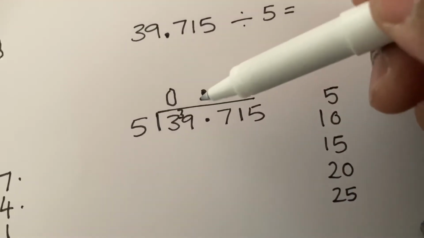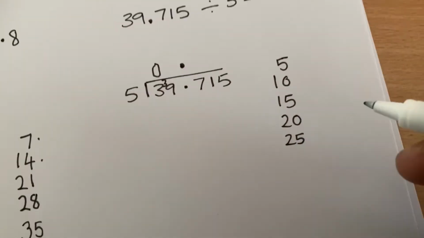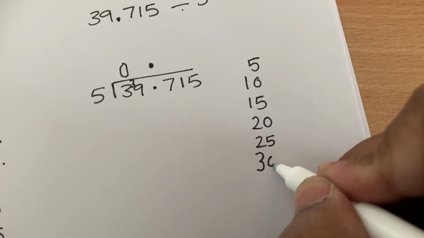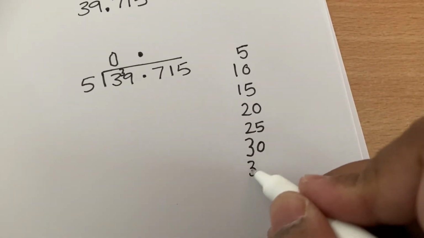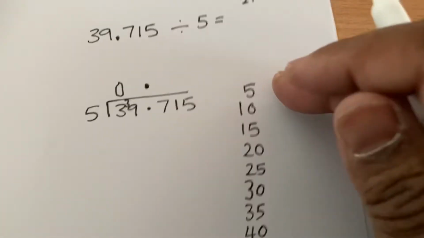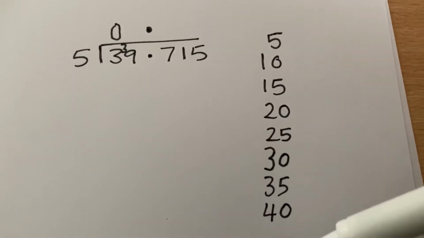Right, how many 5s in 39? Well, if we count in 5s, we've got to 25. We need to go further. 25, and then it's 30, and then it's 35, and after that it's 40. And I'm going to stop there because that's the closest to 39. Okay, we can't go past 39. So where do you think we need to stop?